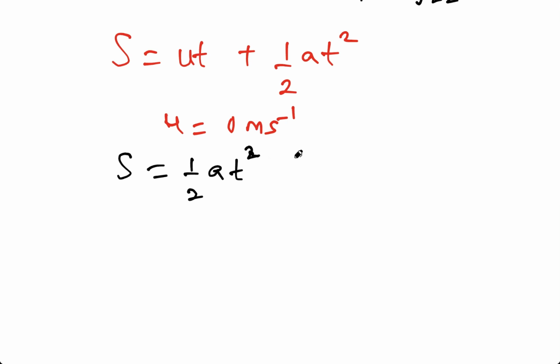So what they can do here is say that if the acceleration is constant, if this body is moving under a uniform acceleration, what is the distance when the time is doubled? What is the time when the distance is halved or quadrupled? Any of those things that they can ask you.